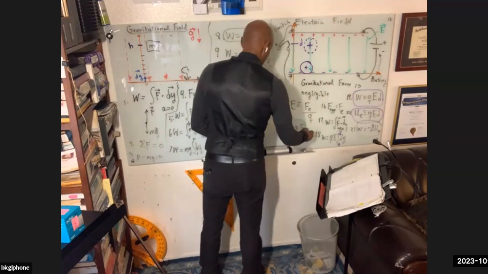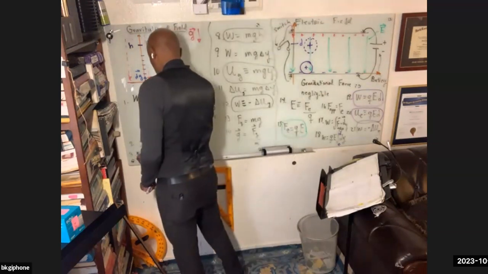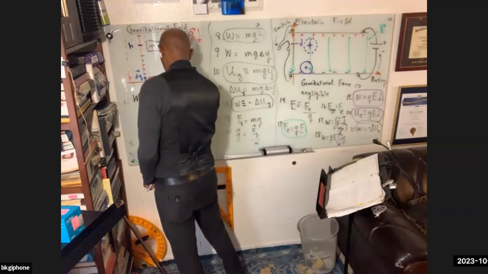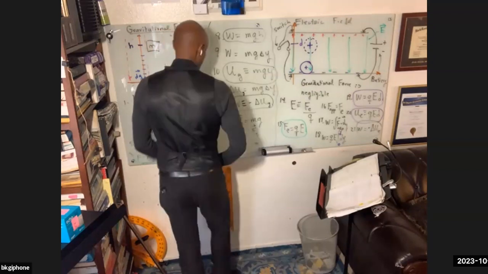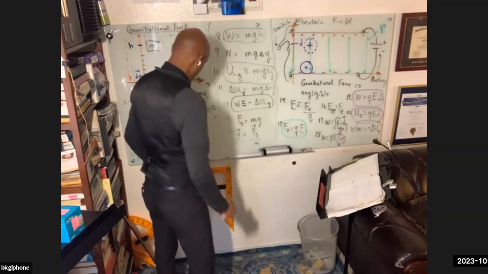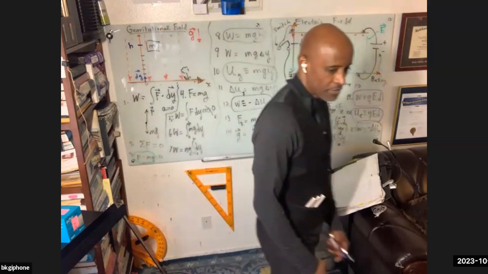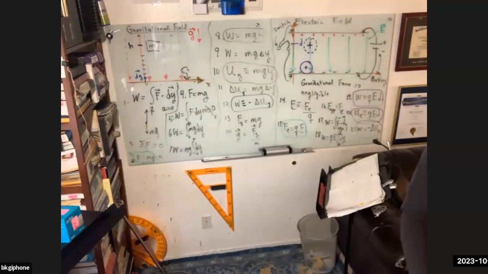Those are also analogous in a sense. We don't call electrostatic force a weight, but in gravity we call it that. But basically, it's just the mass times the gravitational acceleration field, and for electrostatics, it's charge times the electrostatic field.